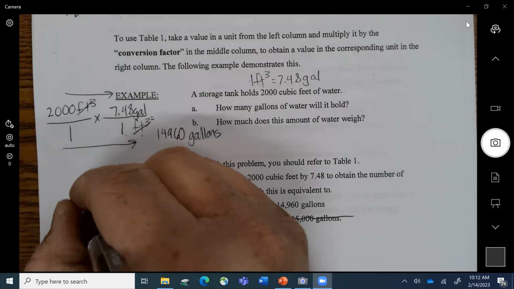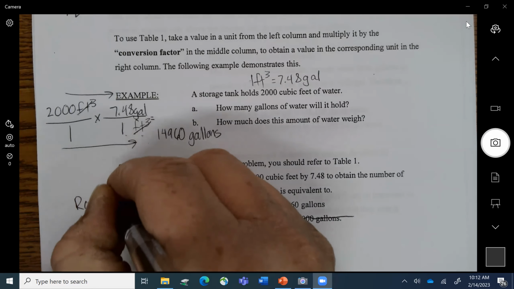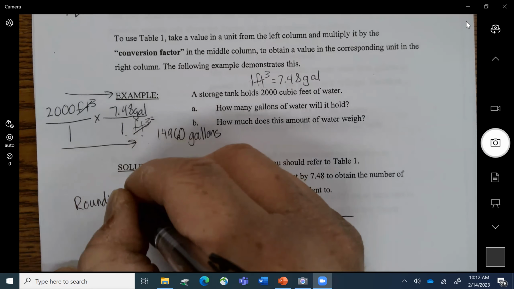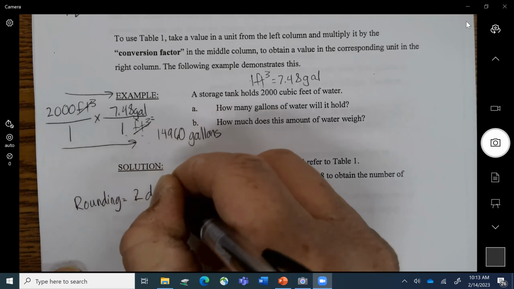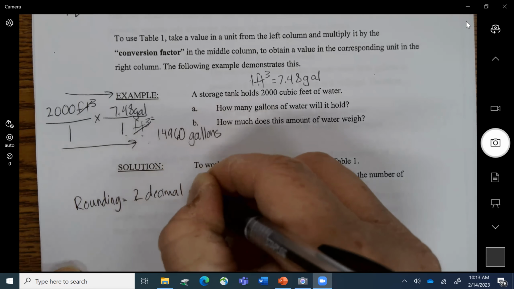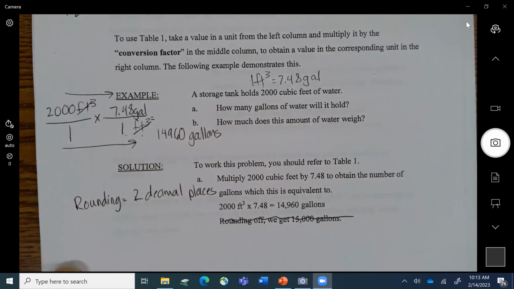For rounding, I round to 2 decimal places, so you will see if a number comes out like this, 14,960 gallons, I will not round that because that comes out to a whole number.